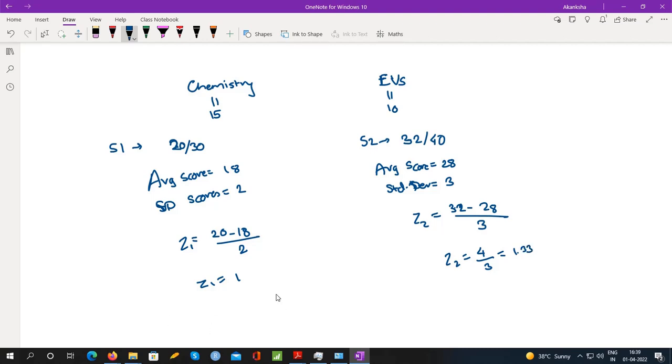Now I will compare the z scores. The z score of this person is higher, which means this person has performed better. I will compare the z scores. Can you think of what this is similar to?